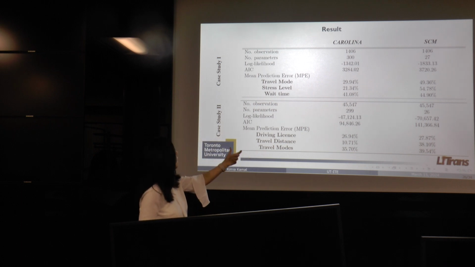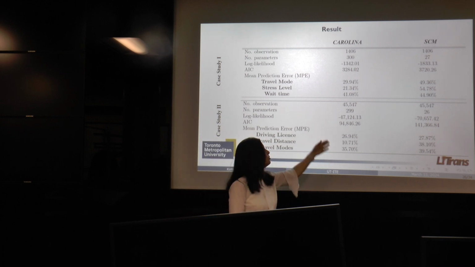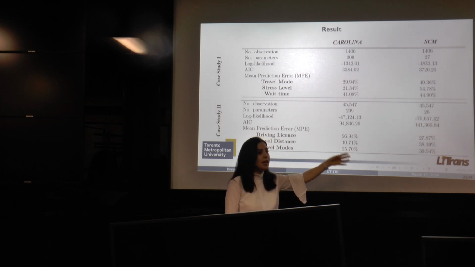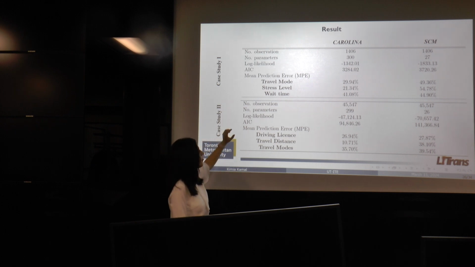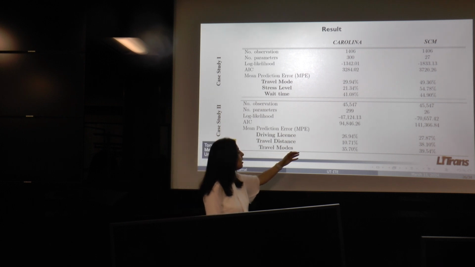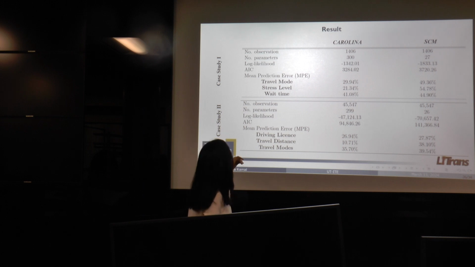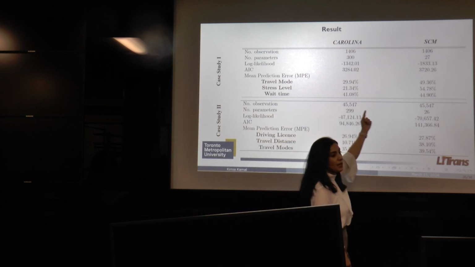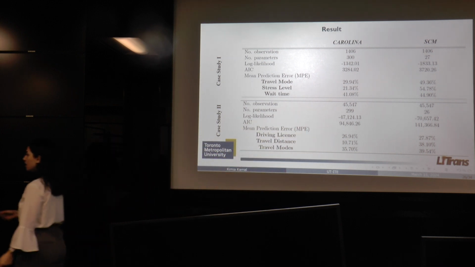We compare these two models based on the AIC because the number of parameters due to the deep learning algorithm in Carolina is much higher than in the structural causal model, so we considered the penalty and then compared these two models. And in terms of accuracy, as you can see, Carolina effectively outperforms the structural causal model. For instance, in travel mode, you can see the big difference between the prediction of Carolina and the simple structural causal model.